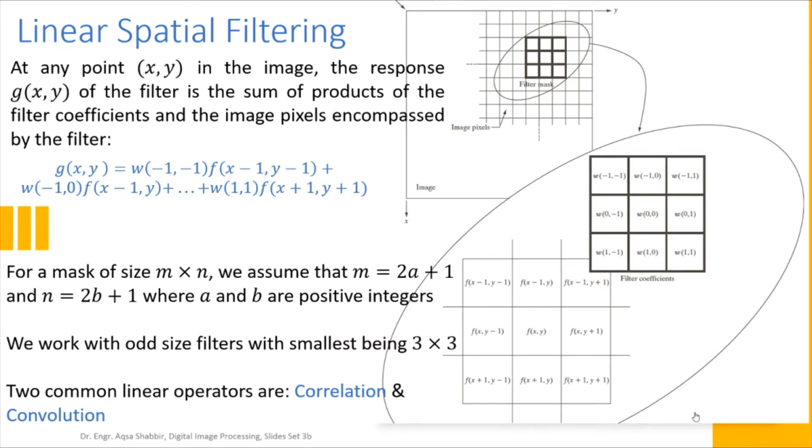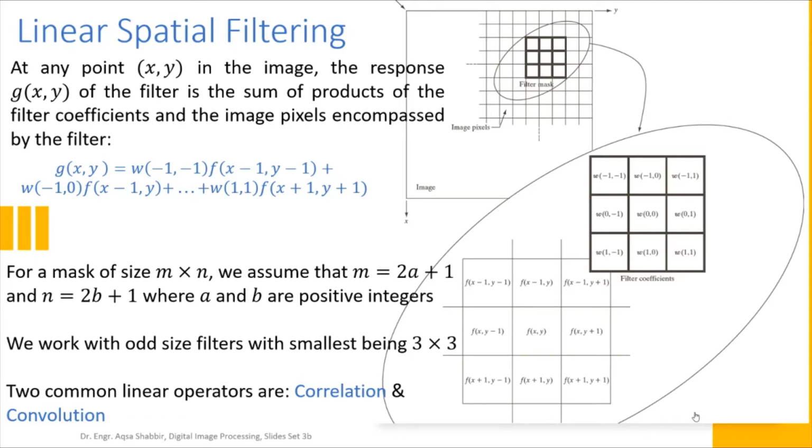For example, the first term of this summation is the filter coefficient w(-1, -1) multiplied with the intensity at the location x minus 1, y minus 1.